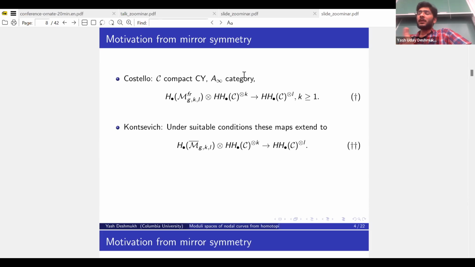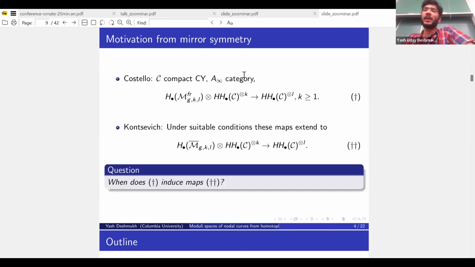So now the main question is to figure out when such an extension is possible from the framed surfaces to the Deligne-Mumford compactification. And that's the main question we are going to ask: when the first map can be used to induce a map of the second type. The rest of the talk is going to be about understanding some aspects of this question.